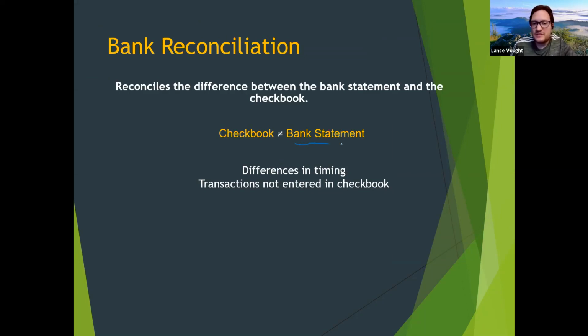And bank statements are not the same as checkbooks. So when you reconcile things in a checkbook, I don't know if any of your parents did this. My parents did this all the time. My grandparents did this all the time, where basically they write a check, rip it out, and then in the back, there was this thing called a ledger. And in the ledger, you'd write in the check and you would put the number in, and then you would recalculate your real-time balance.